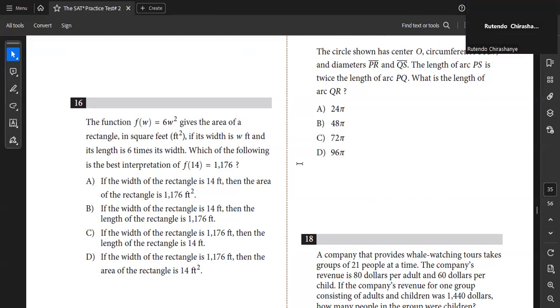But the area is 6w squared. Do with that information what you want. Okay, so we have two answer choices from Chawana and Rutendo.